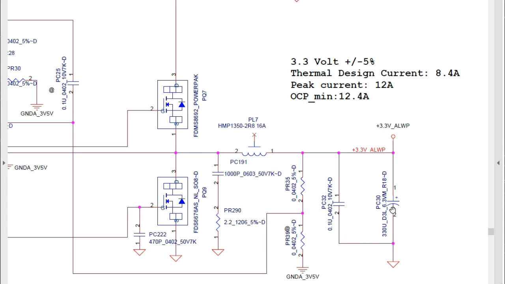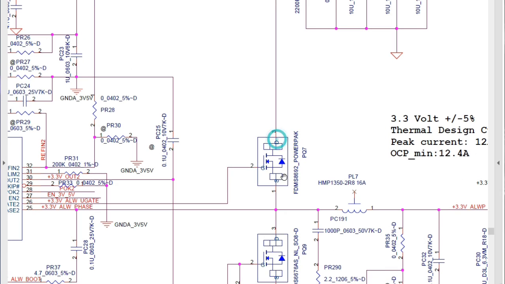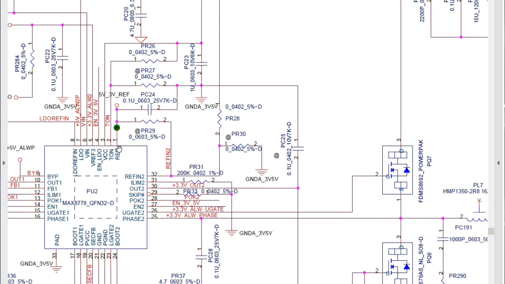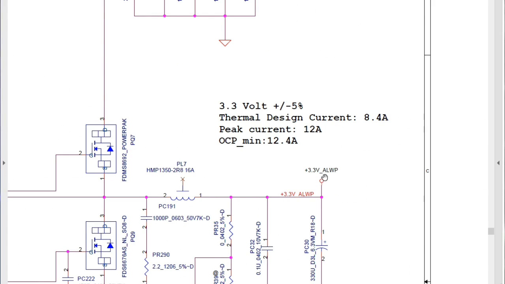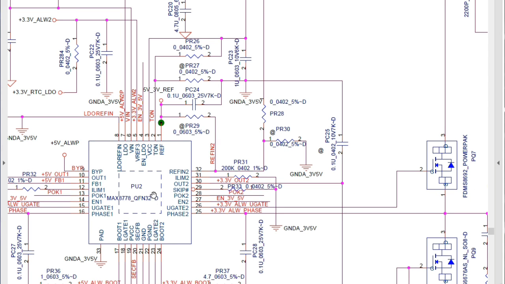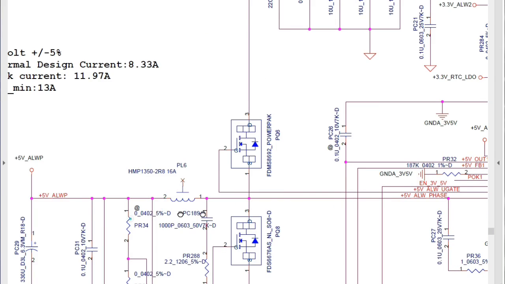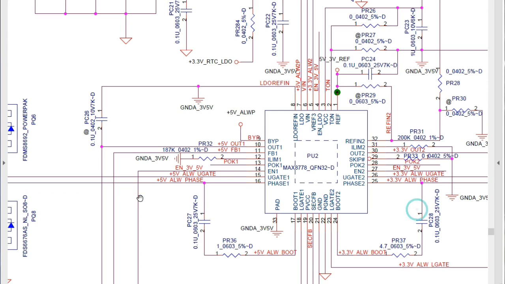So if you check all these components, the capacitor, resistor, and the coil, and also these MOSFETs are okay, and you have the 19 volt here and the 19 volt here in pin number 6, and the 3.3 volt is still absent, that means maybe you have a problem with this IC. You can confirm by checking the plus 5 volt.